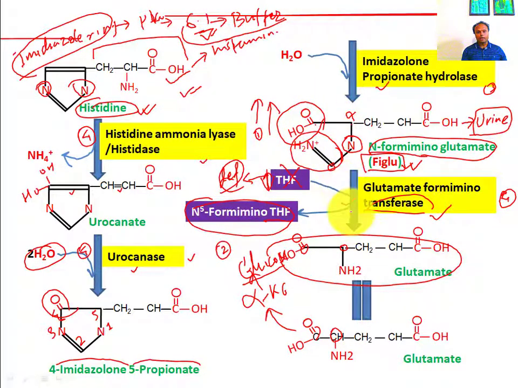If we understand this reaction, we understand the significance of the FIGLU test, because if folate is deficient, FIGLU will rise. So this is how we can estimate folate deficiency through FIGLU. And third, this reaction itself is the source of formimino tetrahydrofolate, one source of carbon for folate.